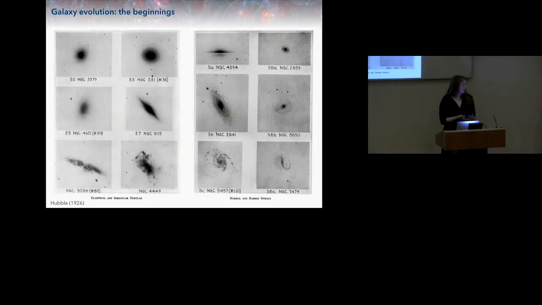So we go from not even knowing that galaxies exist to 6 years later having images like this and being able to put together a classification scheme where galaxies fall into 2 broad categories. Either they are spiral and star-forming, or they are more elliptical looking and quiescent. And to this day, this is still the classification scheme we use for galaxies.